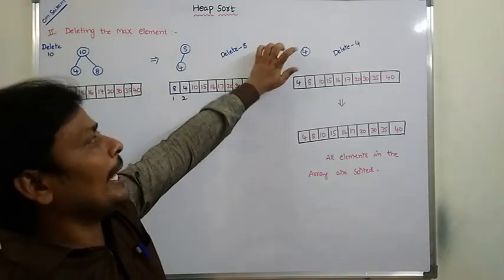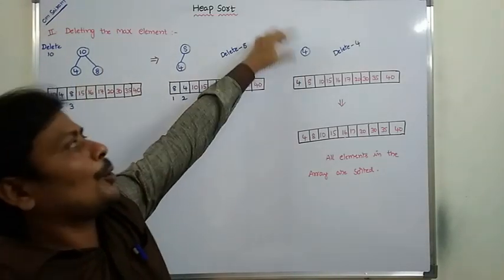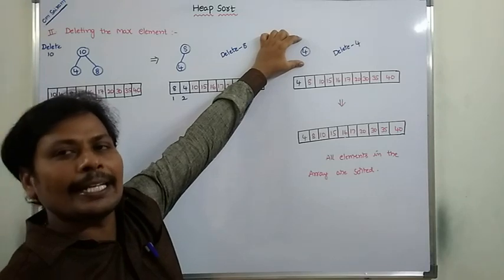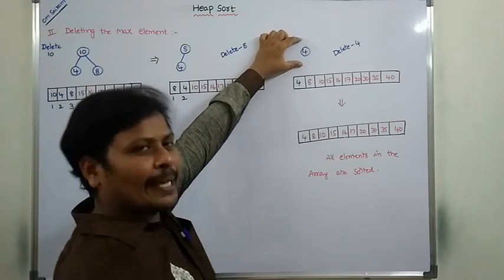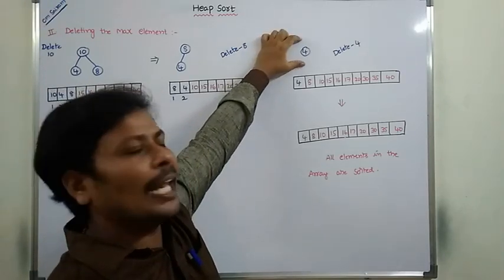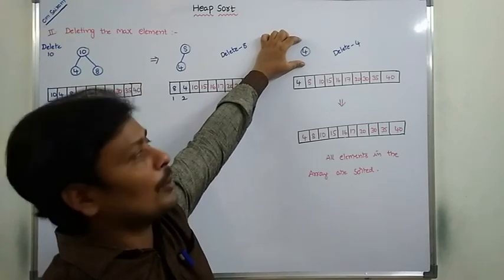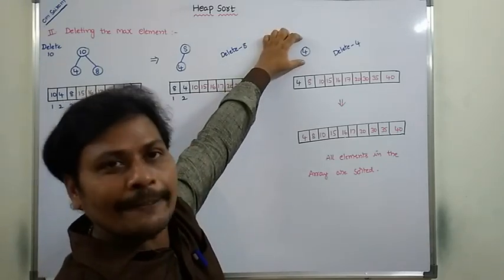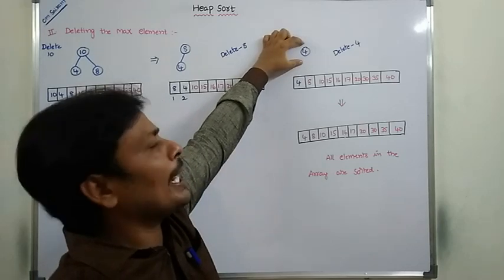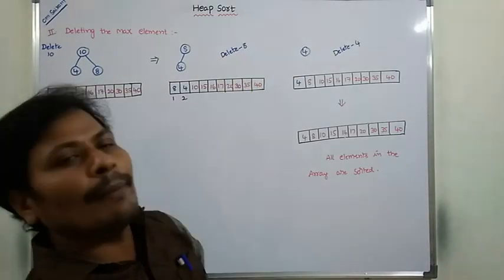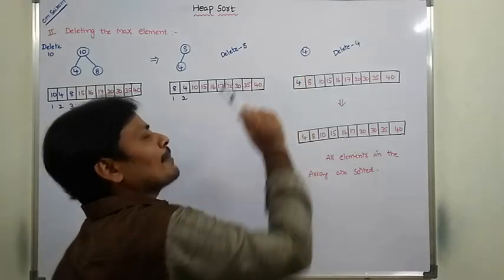Okay, so only the element 4 is there. So with one element, it is the maximum element. The maximum element is at the root node. Now we have to delete 4. So 4 can be replaced with no other element. It is already a maximum heap.